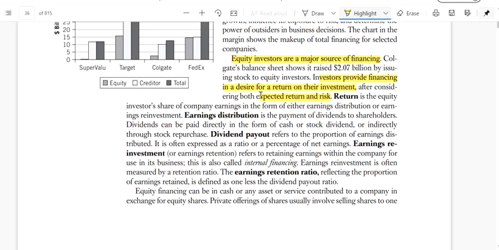Of course, dia akan dapat dividend. Return is the equity investors' share of company earnings in the form of either earnings distribution or earnings reinvestment. Okay, so return yang equity shareholder akan dapat sama ada earning distribution or earning reinvestment. Okay, so this one you boleh baca sini sampai sini. Okay, baca.